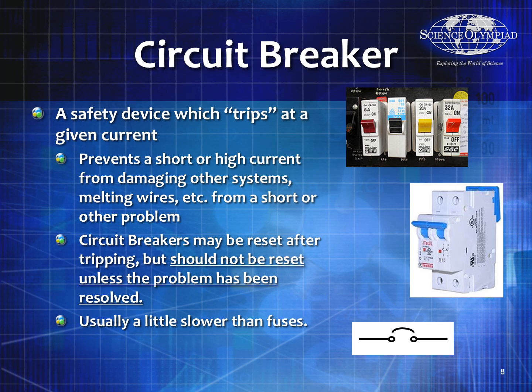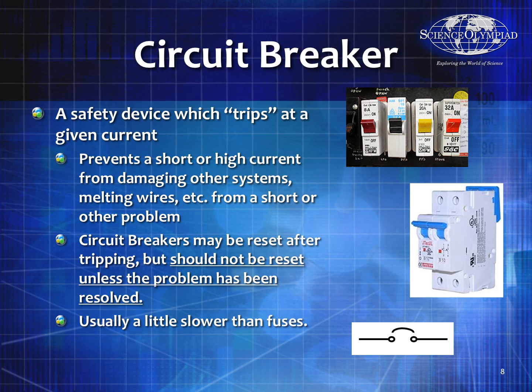Now the cool part is that it just flips the switch. It breaks, if you will, turns off the overcurrent situation, and then you can reset it. And there's no damage. The circuit breaker is still good to go, and life is good. You'll see this quite often used in houses these days.